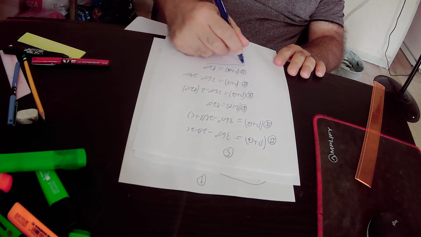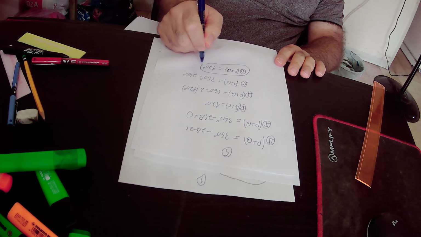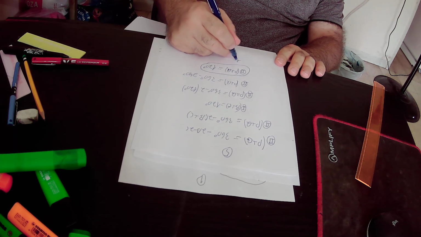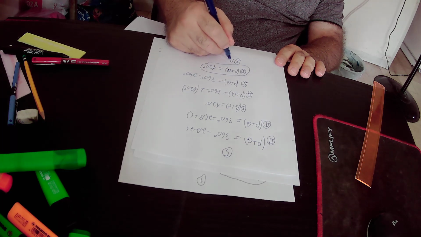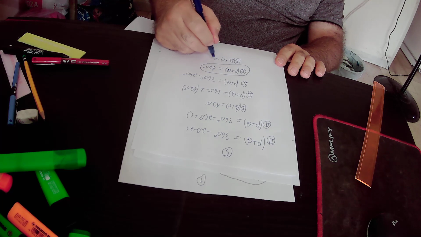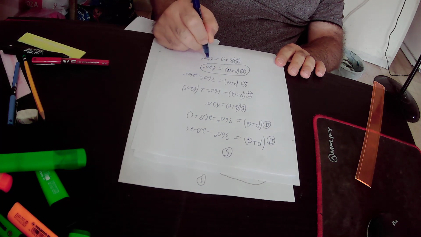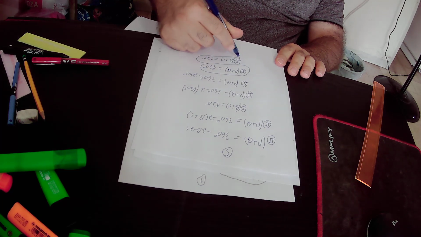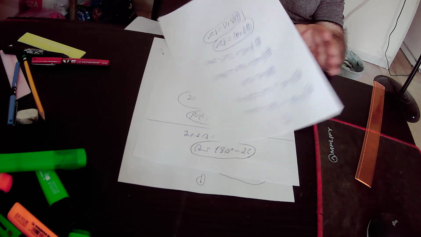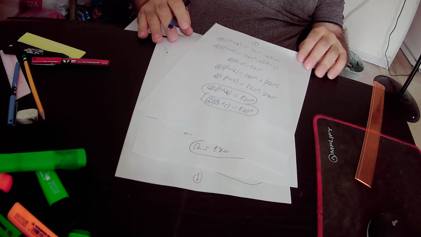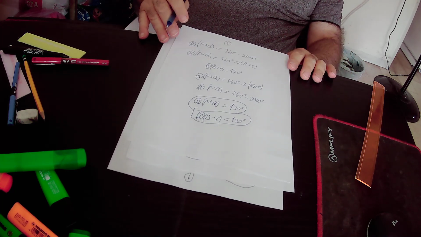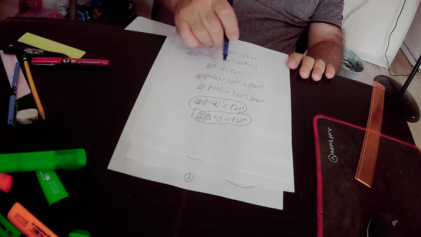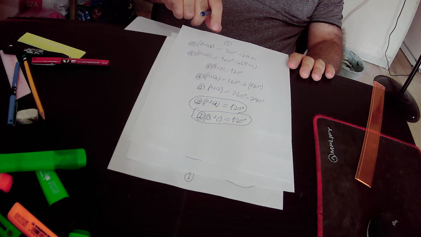So we found out that P plus Q equals 120 degrees, and also B plus C is also equal to 120 degrees. Both B plus C and also P plus Q equal 120 degrees.